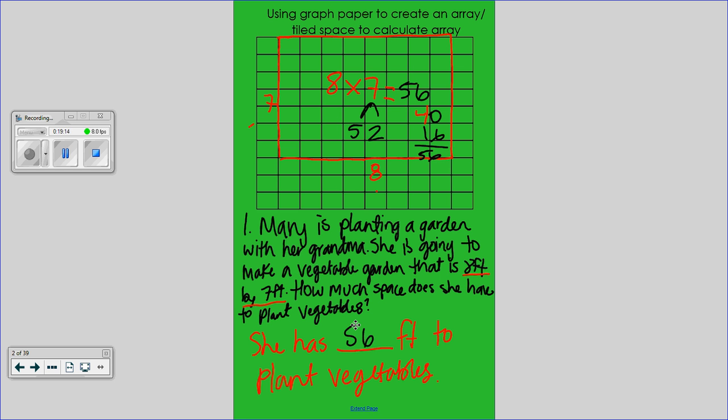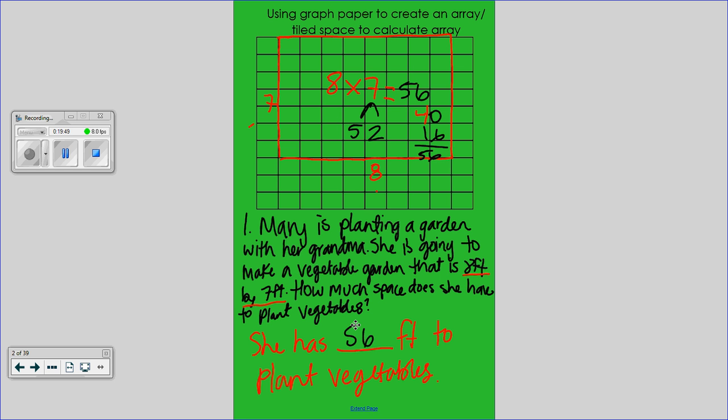Which is what? Look at her vegetable garden. What is the width and length? 8 and 7. The dimensions are 8 feet by 7 feet. Your dimensions should be labeled out to the side like I have labeled mine. So if you have not labeled your rectangle, do it just like I have, where I put the 8 on one side and the 7 on the other side. Does that make sense?